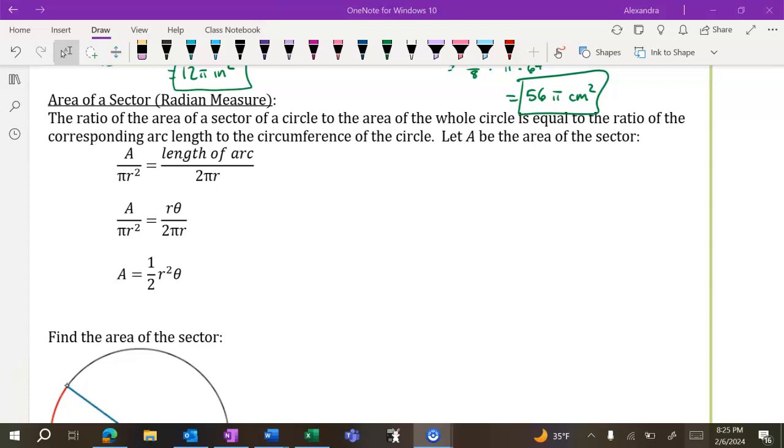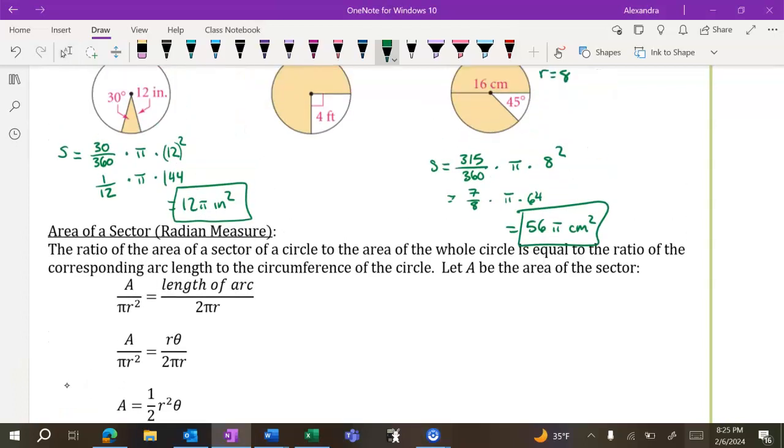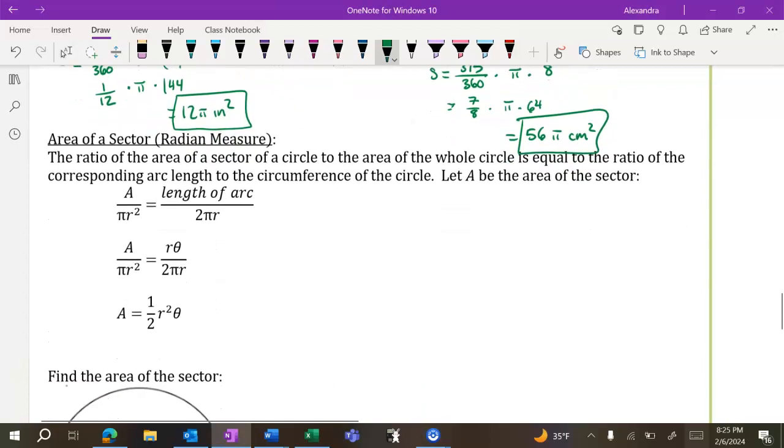So basically it's saying those ratios are the same thing, and from there we're able to simplify and get this equation. Another way we can think about it is the same way we just did up here with degrees, except now think about it in terms of radians.